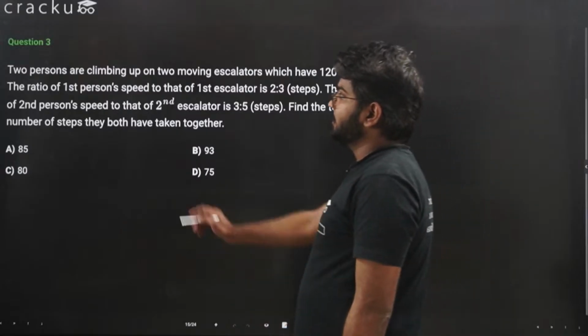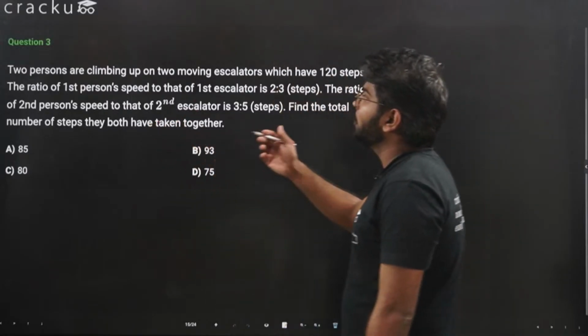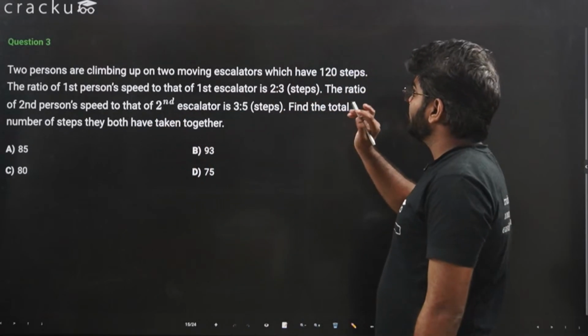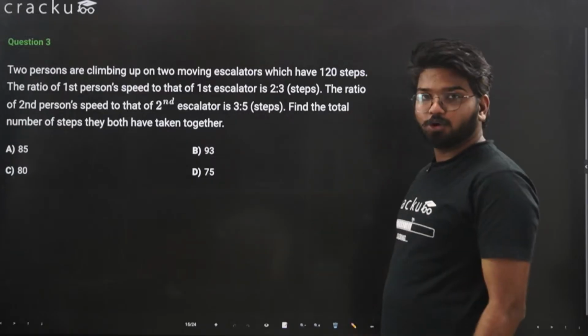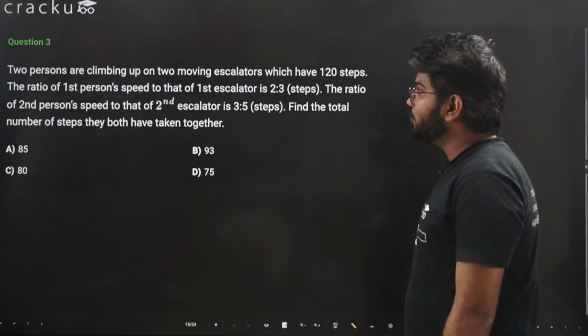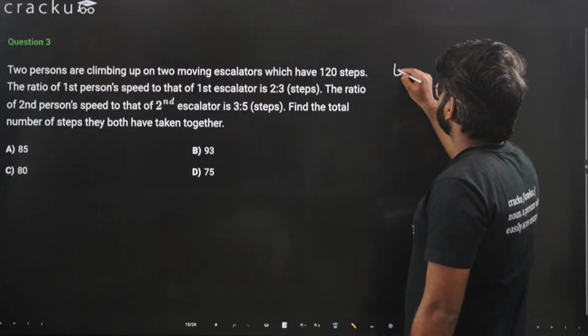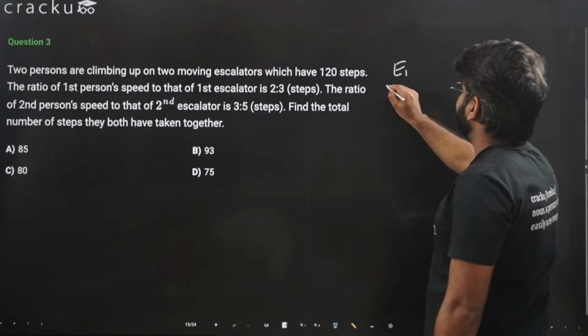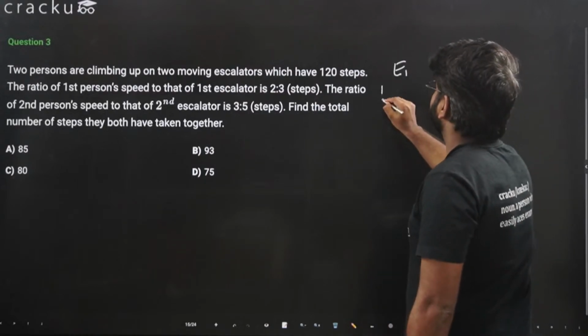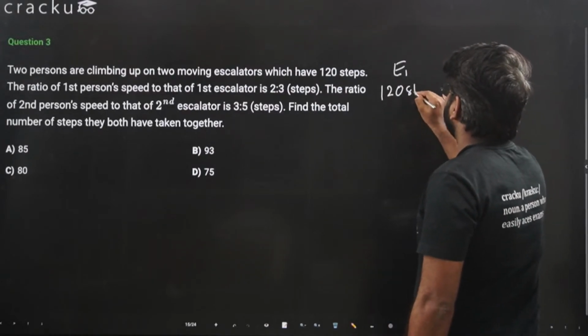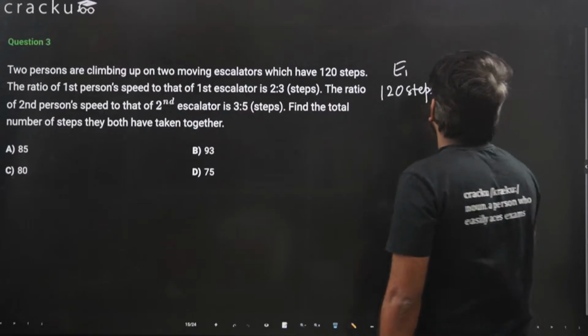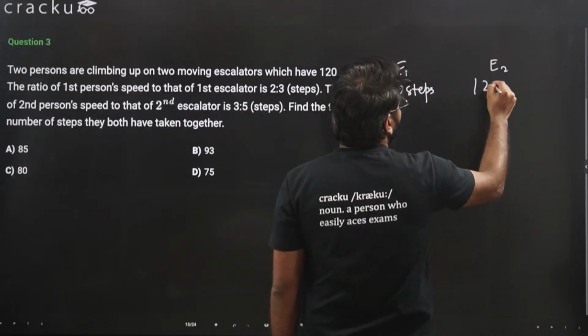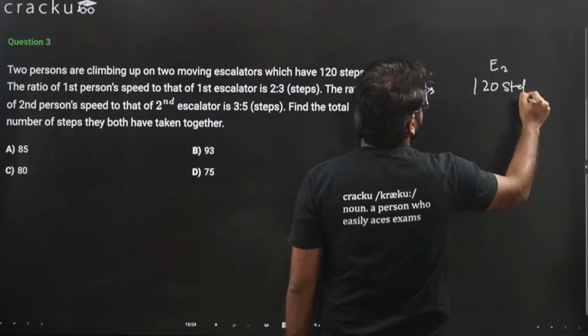It says that there are two persons climbing up on two moving escalators which have 120 steps. So both the escalators have 120 steps. Let's say escalator 1 has 120 steps and another escalator also has 120 steps.